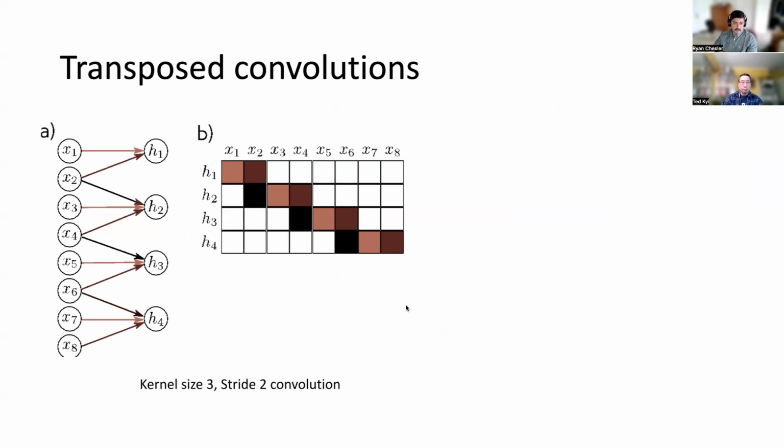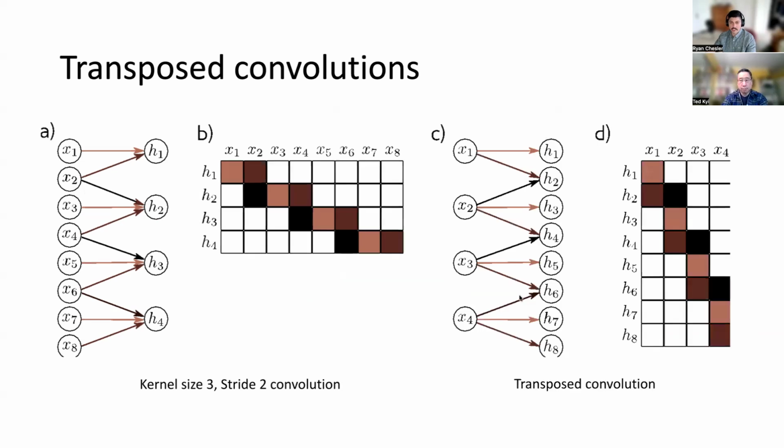So one of the other ways that you can increase resolution is with these transposed convolutions. It's kind of the opposite thing, where when you're doing the convolutions, typically you're reducing down the resolution. But with this, you can actually increase it. So you're doing the opposite operation.